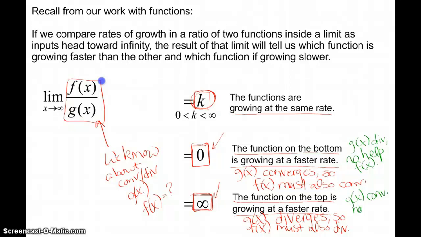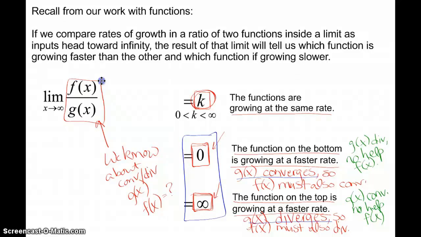It was no help on f of x because to know that my function was bigger than a convergent function didn't tell me anything about it. f of x could go ahead and converge, or it could go ahead and diverge. So getting these results were helpful, these two most especially, but they all hinged on what our known function was doing. And only if it was doing one thing in particular was it a helpful result.